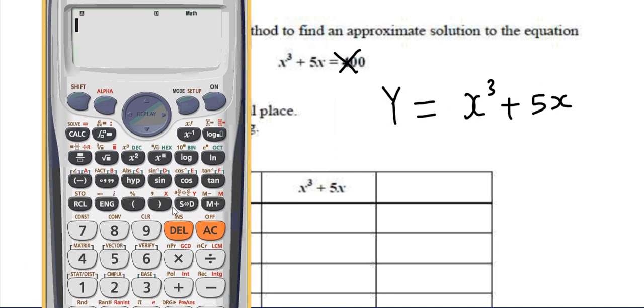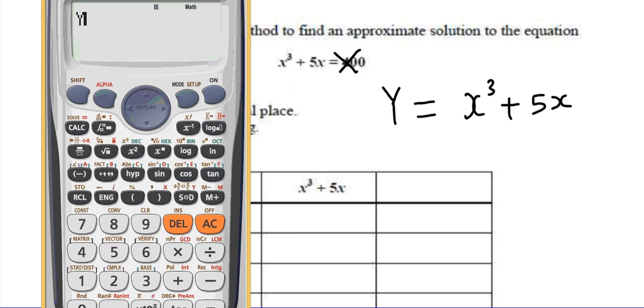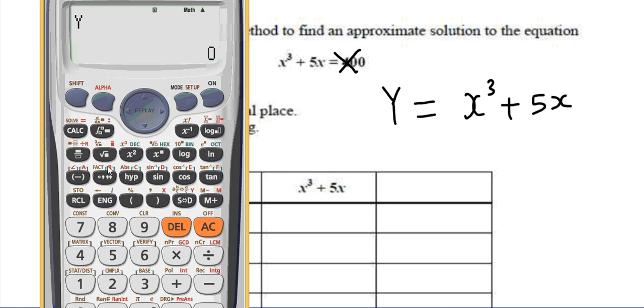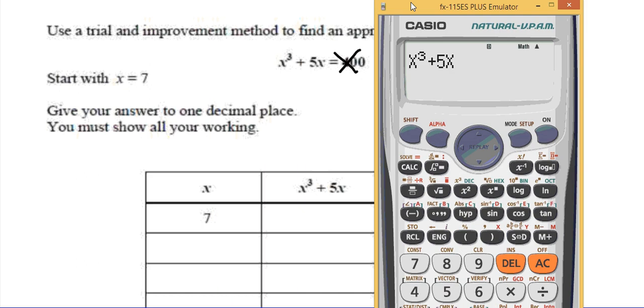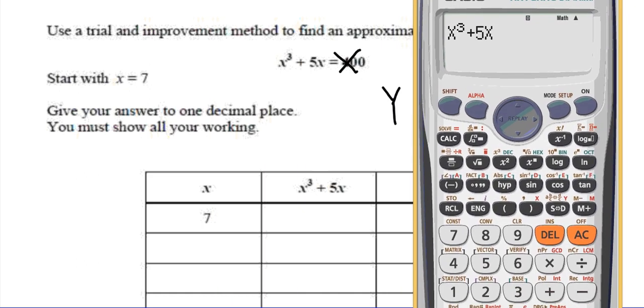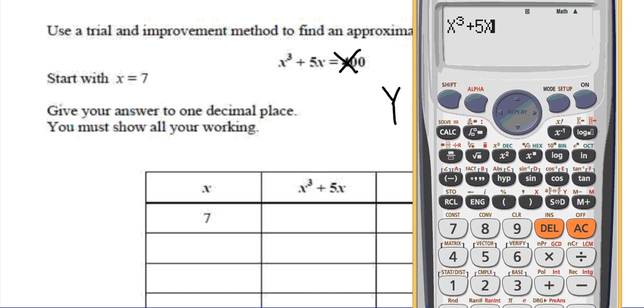Okay, alpha y equals x to the power of 3 plus 5x. Now let us start with trying the values. The function is already here in our calculator.